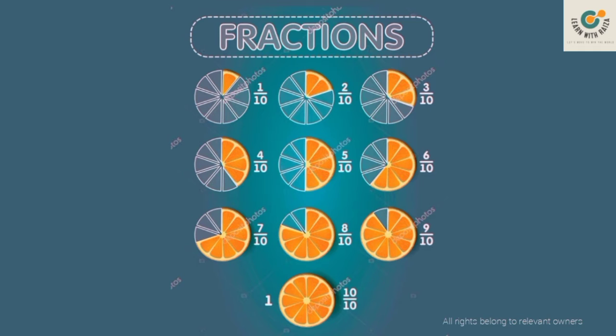Likewise, if you consider the sixth picture, out of 10 portions, 6 parts are shaded in orange, right? So you can consider it as 6 by 10. The last one, when everything is shaded, you call it the whole number 1, because you get 10/10, which is the whole number 1. So this is how you have to represent the shaded portion or the unshaded portion of a given figure.